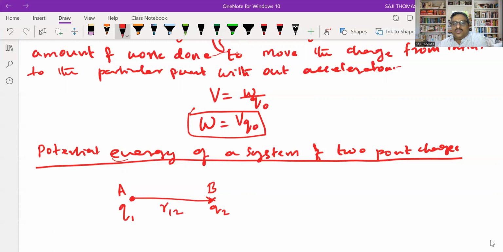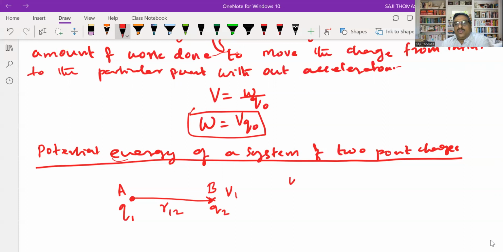So to move a charge Q2 from infinity to the point, we need to do work against the force of Q1. So what will be the equation for that work? You can apply the previous equation. W is VQ0, V into Q2. V1 is the potential at the point B due to the charge Q1. So we can use this equation.